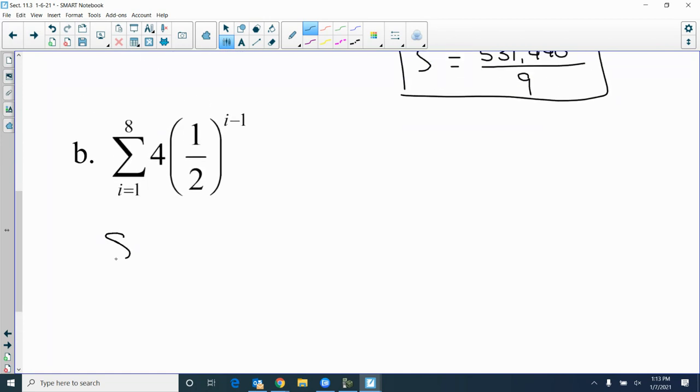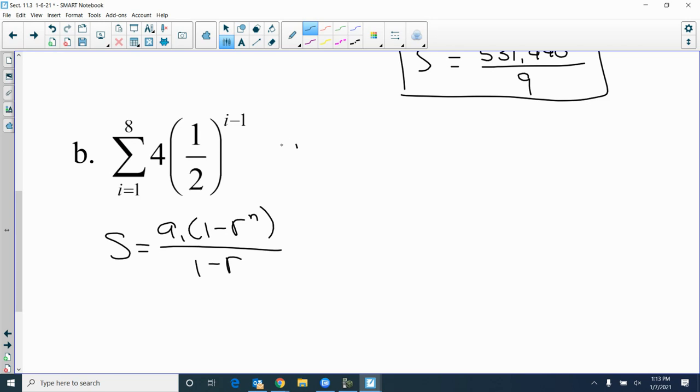So the sum is going to be a sub 1 times 1 minus r to the n power over 1 minus r. Yes, you could list them all out and add them up if you wanted to. We're going to use the formula for practice.